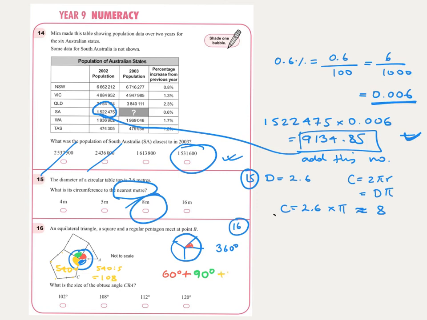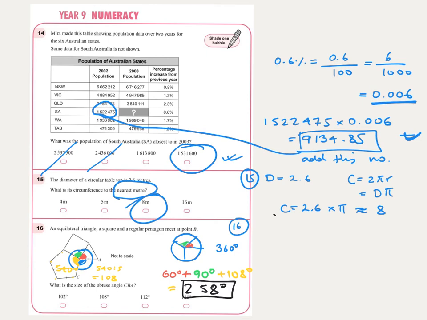So it's plus 108. When you add all this together, 60, 90, 108, you should have 258.